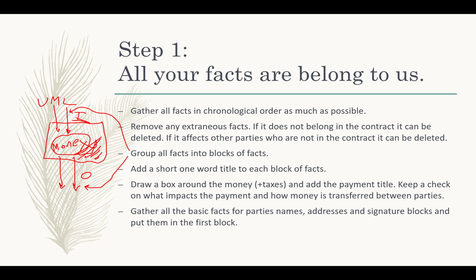You can do it whichever way you want. Chronological is the best way I've found of doing it, but you can do it however you like. You can do it like most frequently to least frequently, permanent before temporary, and then substantive provisions. However you do it, keep it consistent.